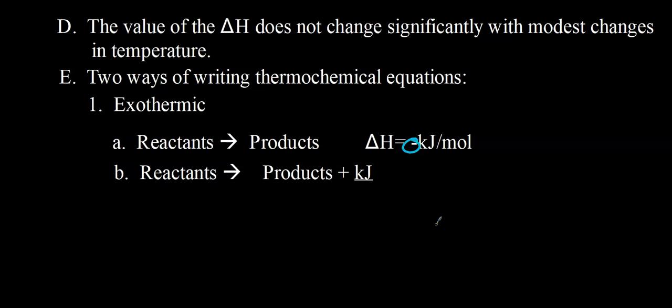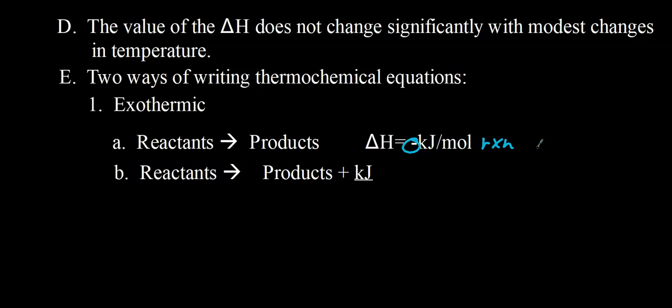That negative is not negative energy; that negative means that energy is released during the reaction. Technically too, it's kilojoules of energy released per mole of reaction. I'll explain more of what that means in a little bit.